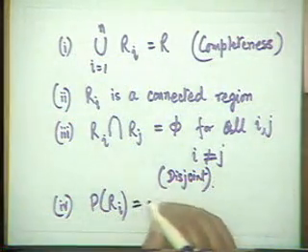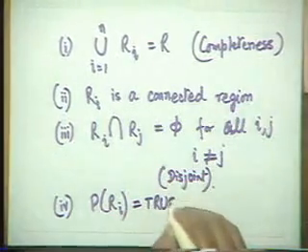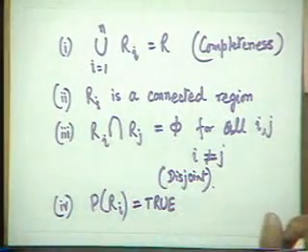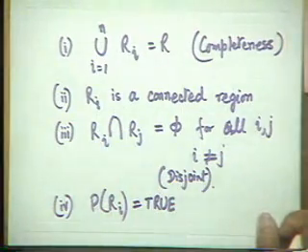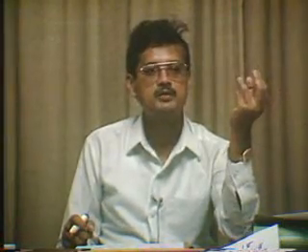That means to say when I say that P(Ri) is equal to true, that means all the pixels belonging to the region Ri must fulfill that similarity property. Now what is that similarity property? We will come to that. I can give you a very simple example. That similarity property could be very simply that their image intensity should lie within a particular zone.